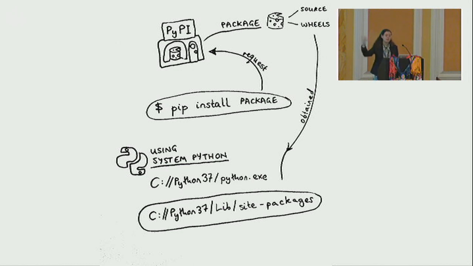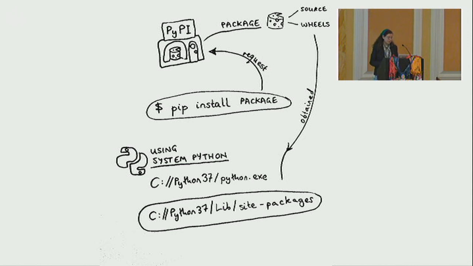It sends a request to PyPI where it looks through the packages, finds one with a matching name and the version that you've specified. And there's both source code and wheels, which are precompiled versions of the module. It prefers wheels if it can get them, but if not, it'll just grab the source and compile it itself, obtain it, and then place it in your site packages directory.